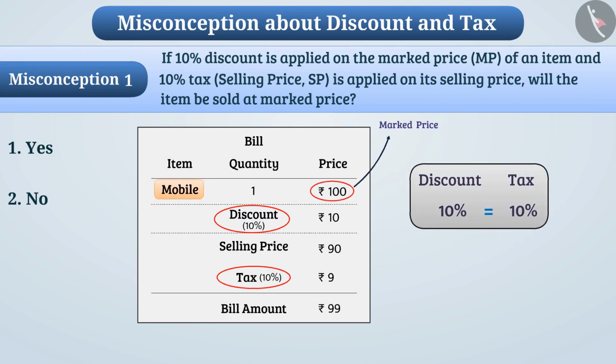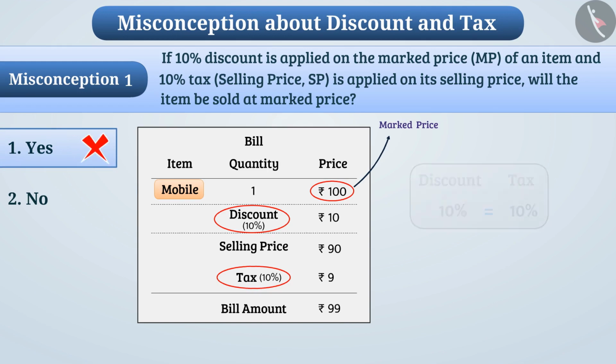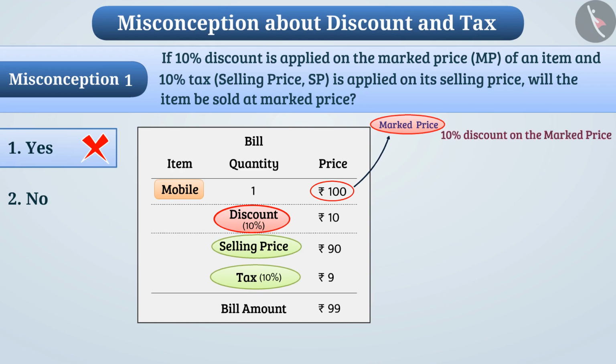They do not logically try to understand it and choose option 1 in a hurry, which is a wrong answer. Remember that discount is given on the marked price and sales tax is levied on the selling price of the article. Here, 10% discount is given on the marked price of the item.